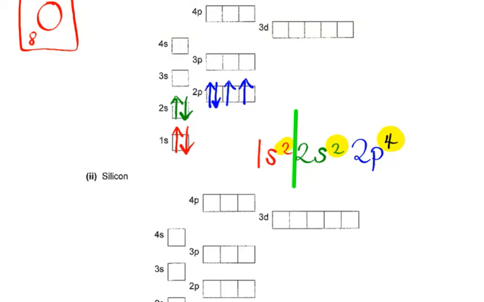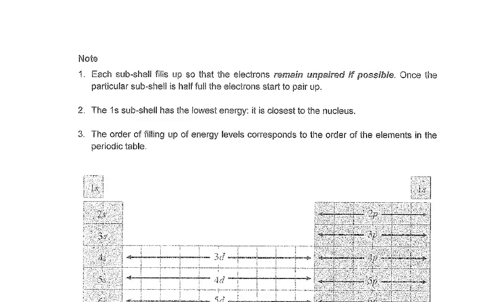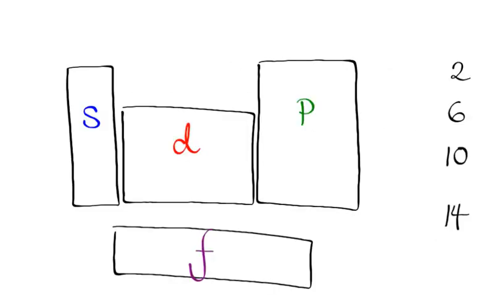Oxygen's outer electrons are in the 2p subshell, and if we go back to our image of the periodic table, then we'll find that oxygen lies in the p block.